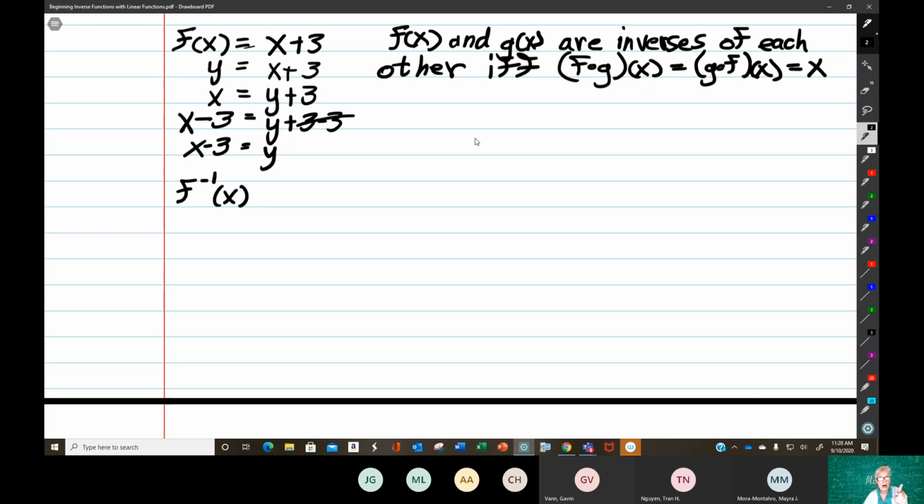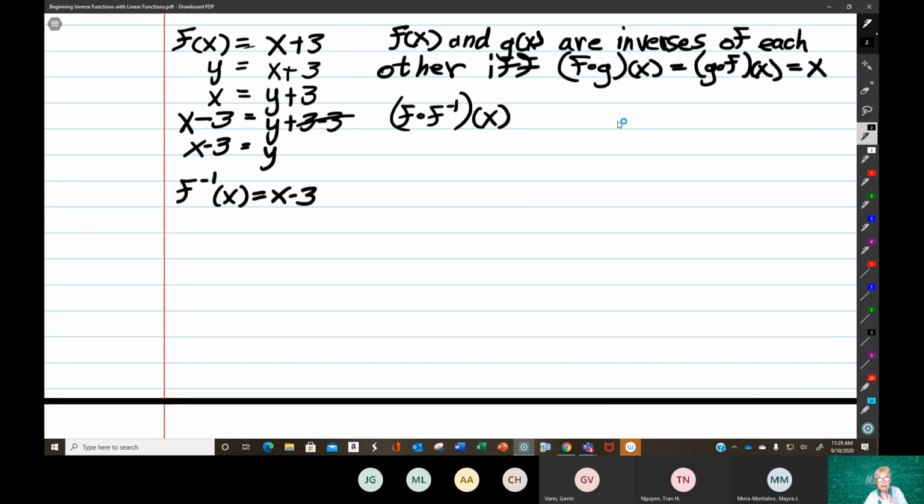So we're going to prove that what I have here are really inverses of each other by composing them. I'm going to compose f with f inverse of x and see if I get the answer x.